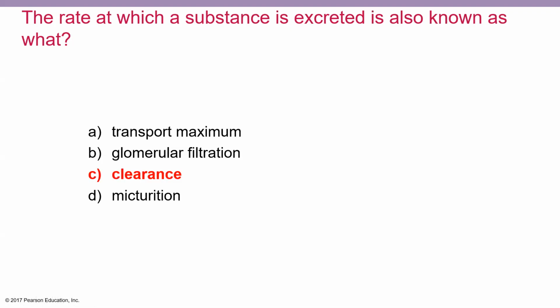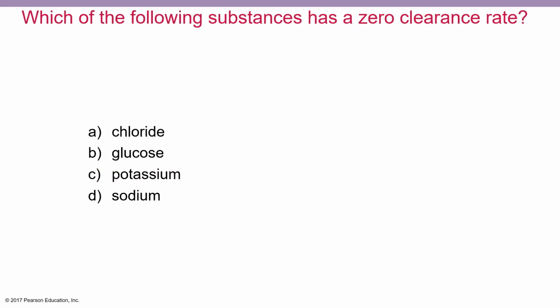We talked about a few different substances and their clearance rate. And remember, we said if the clearance rate of a substance is greater than the GFR, then that means it must be secreted. And if the clearance rate of a substance is less than the GFR, that means it must be reabsorbed. Okay.